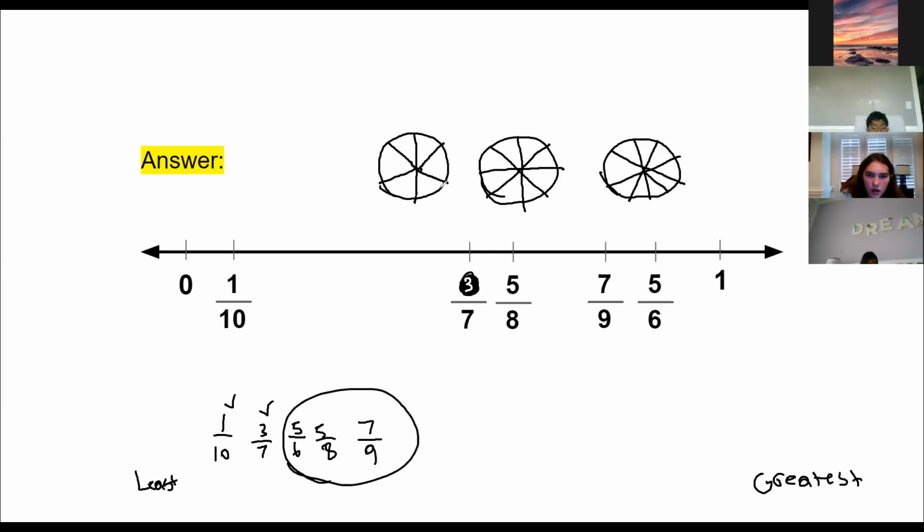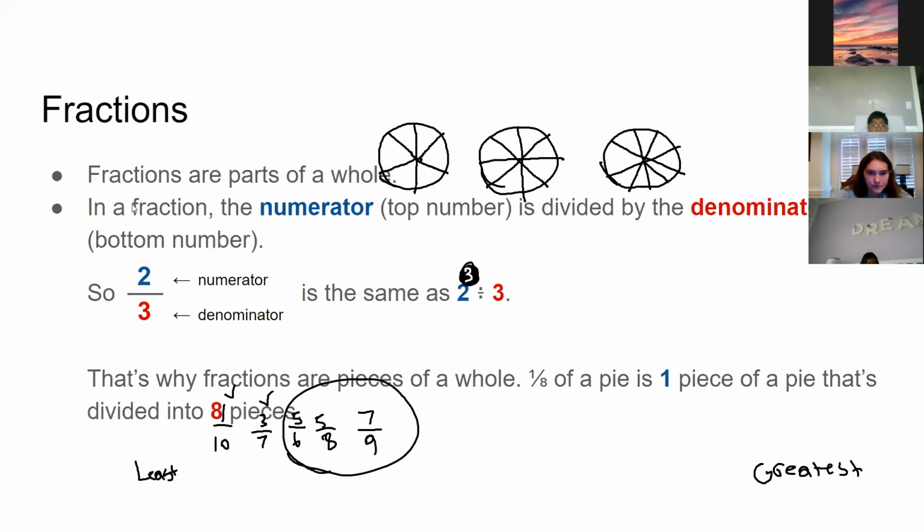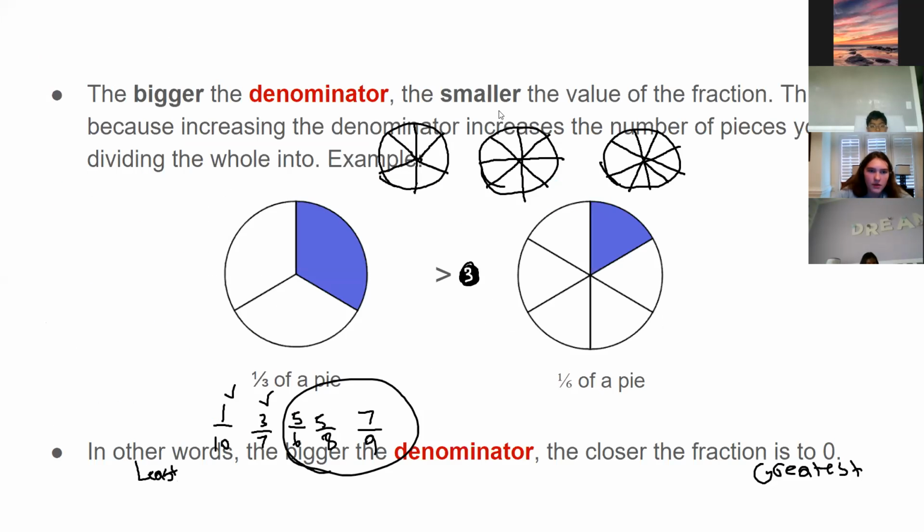when it comes to pieces, I think we can recall from a previous lesson that the bigger the denominator, the smaller the pieces, and the closer you're getting to 0.